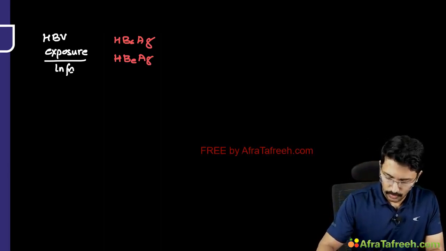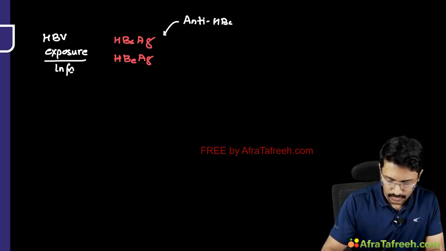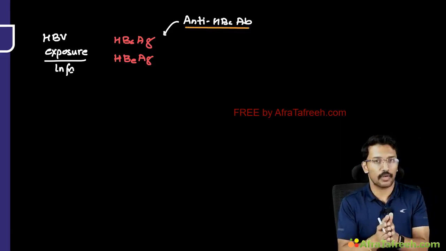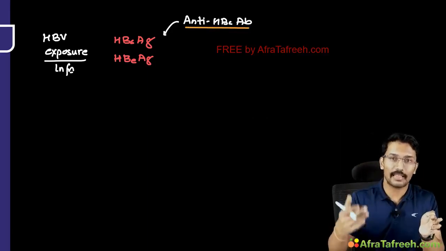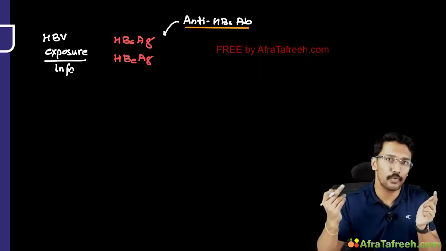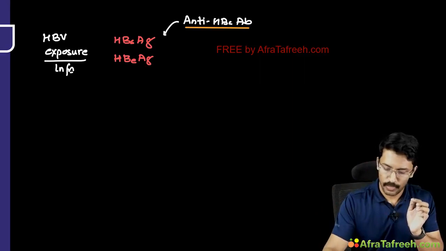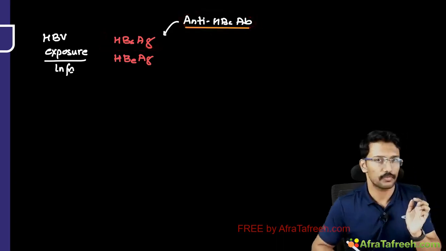Okay. Now, against the surface antigen, the body will produce anti-HBs antibody, and we have to remember one very, very important point about it. So when I say anti-HBs antibody, we have to remember that the surface antigen and the anti-surface antibody are mutually exclusive. Means what? The moment surface antigen starts getting produced and reaches the circulation, the antigen will start going down, right?